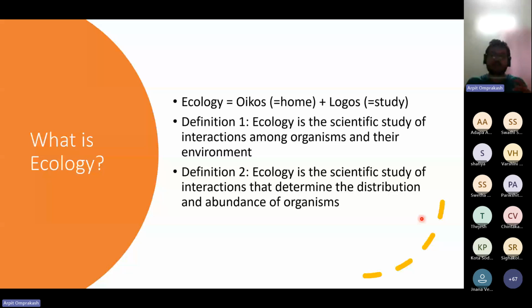Determining how they are distributed across India, where all they are found, and how many individuals of these langurs are found in different places is what is ecology. So basically, studying all the interactions that are determining why these langurs are found in this range or in these many numbers. Does anyone have any questions?